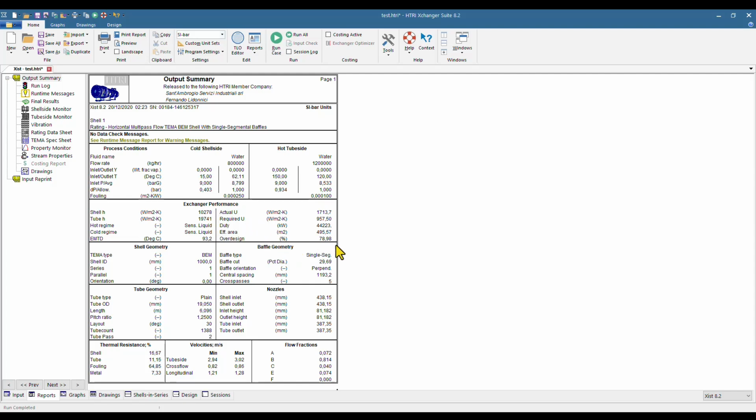Maybe too high, because we see at the end that we have an over design of almost 80%, which of course is a little bit too much. So this exchanger has a lot of service, more than what is really needed. So what can we do with an 80% over surface?